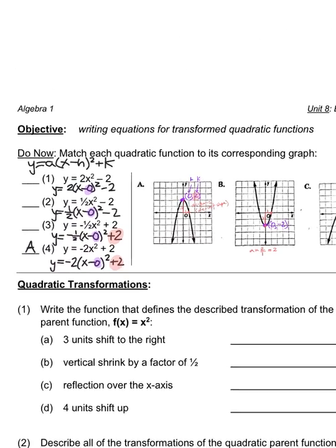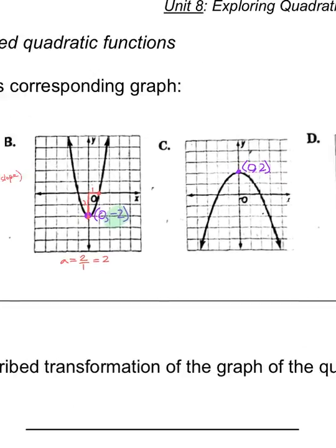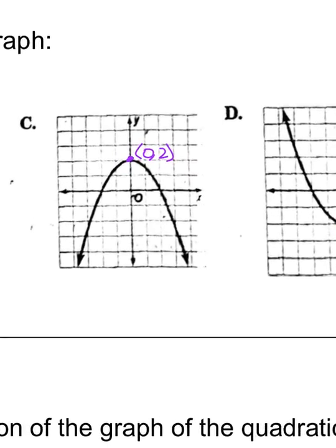My k value here, because the h values are all the same, they're all 0, my k value is equal to -2, so that's one of these two. But I'm looking for the one that has an a value of +2. So that's my first choice. So 1 corresponds with B.